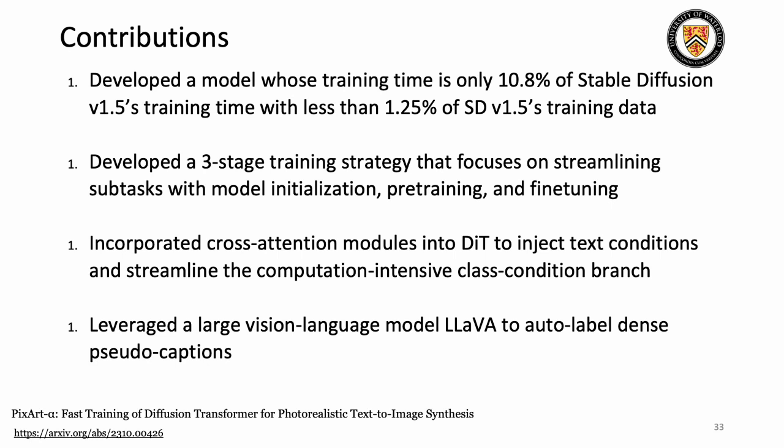Third, the introduction of cross-attention modules within the diffusion transformer or DIT architecture improves text condition injection while also refining the entire computation process, particularly in the computation-intensive class condition branch. And finally, it leverages a large vision language model, LAVA, to auto-label dense pseudo captions.